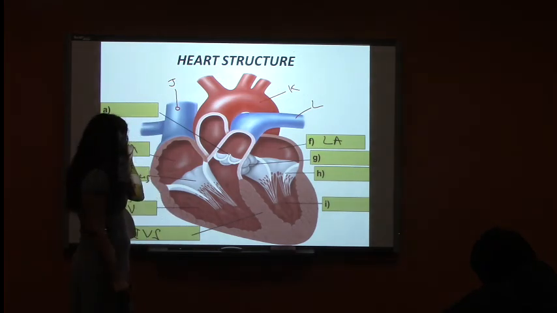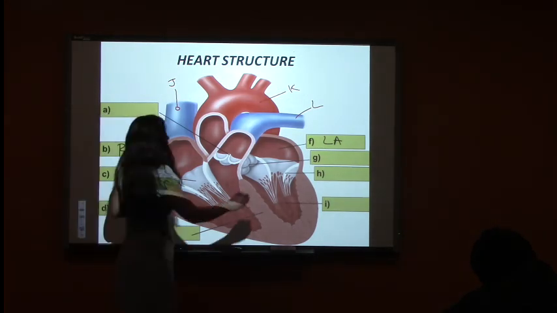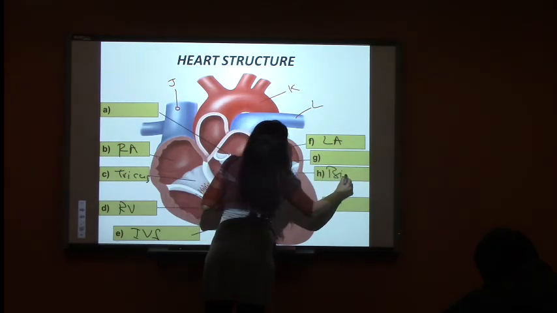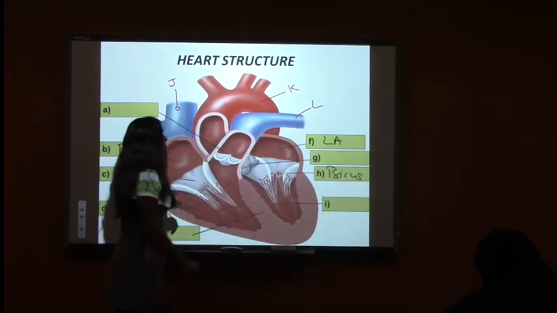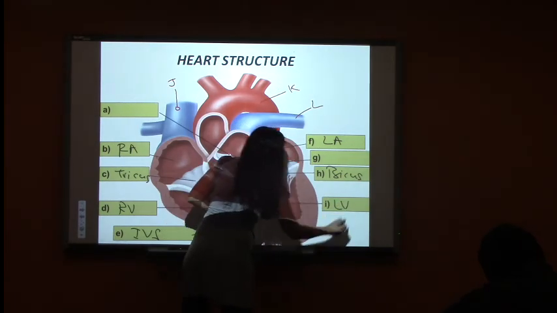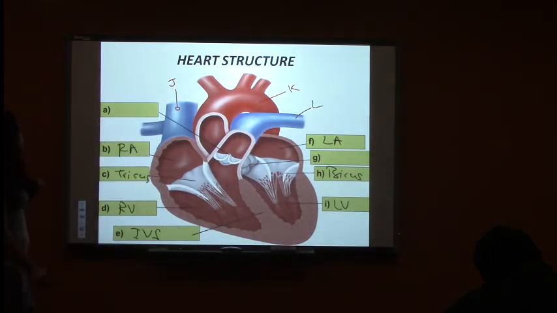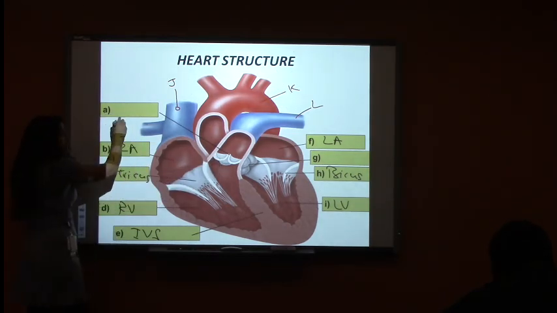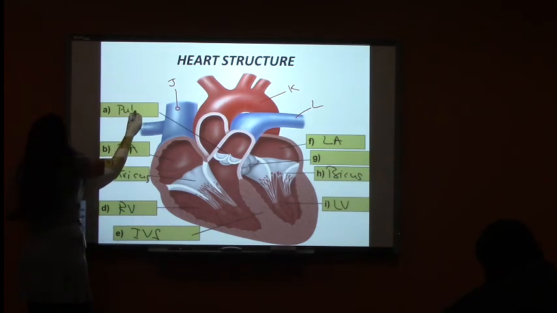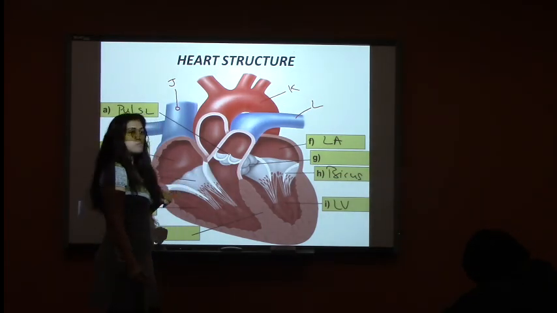I'll come back to G. H? I? What is A? Which one? Pulmonary. And what is G? Aortic.